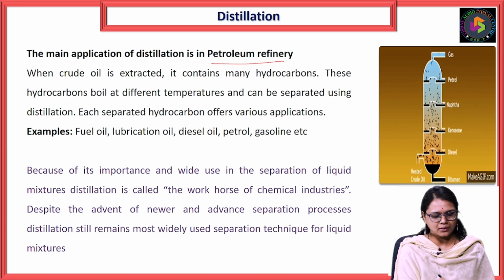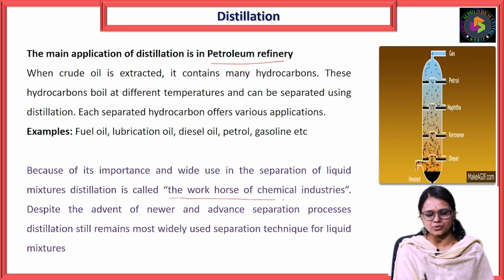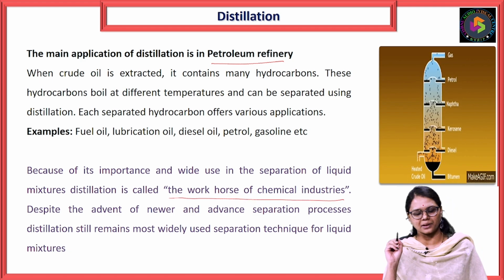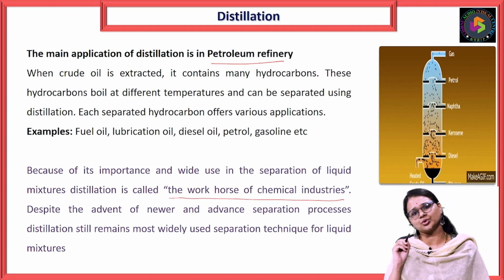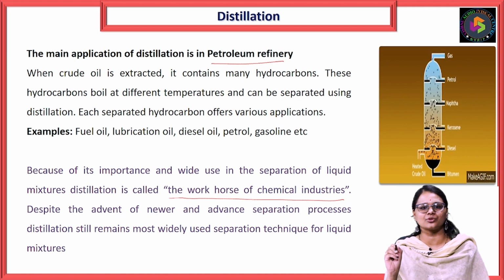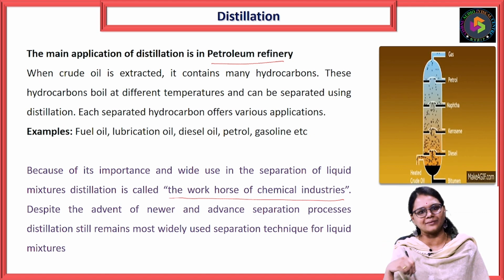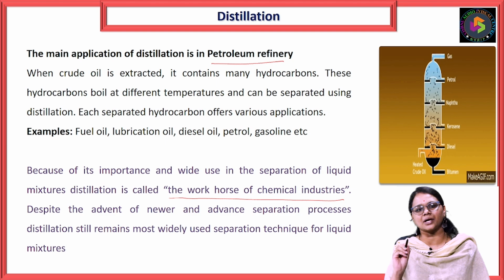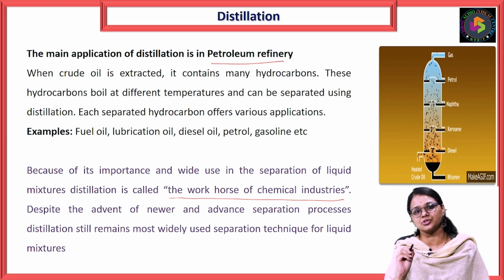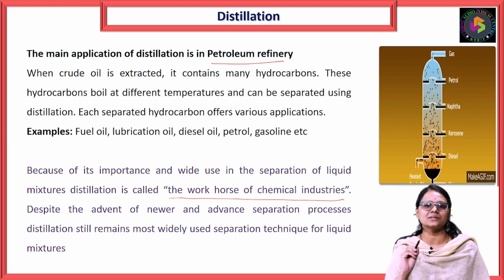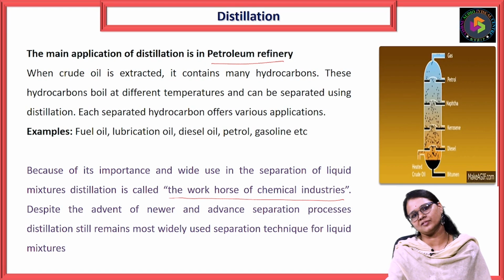That's why it's also called the workhorse of chemical industries, because whenever you talk about a pure product, or separation of a component from a given mixture, the first thing which will be tried by the industrial person is distillation, because distillation columns will be available.